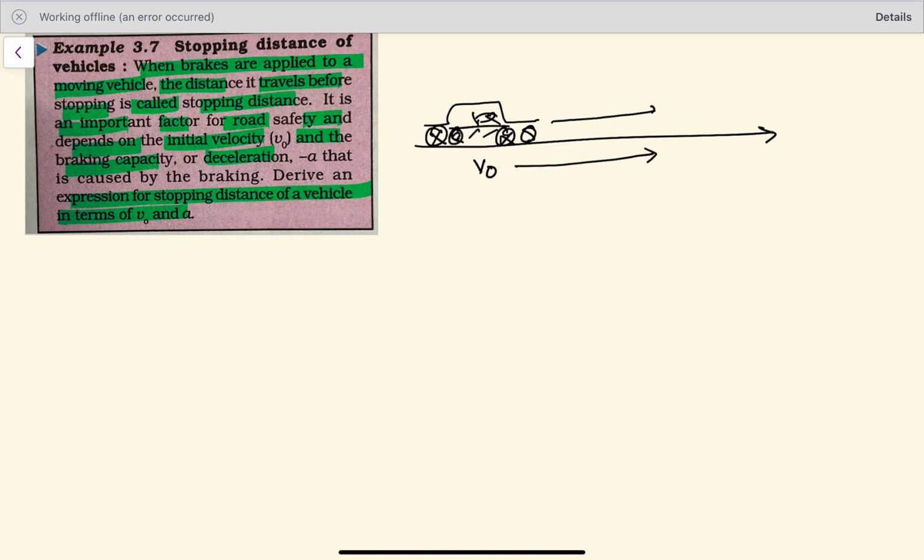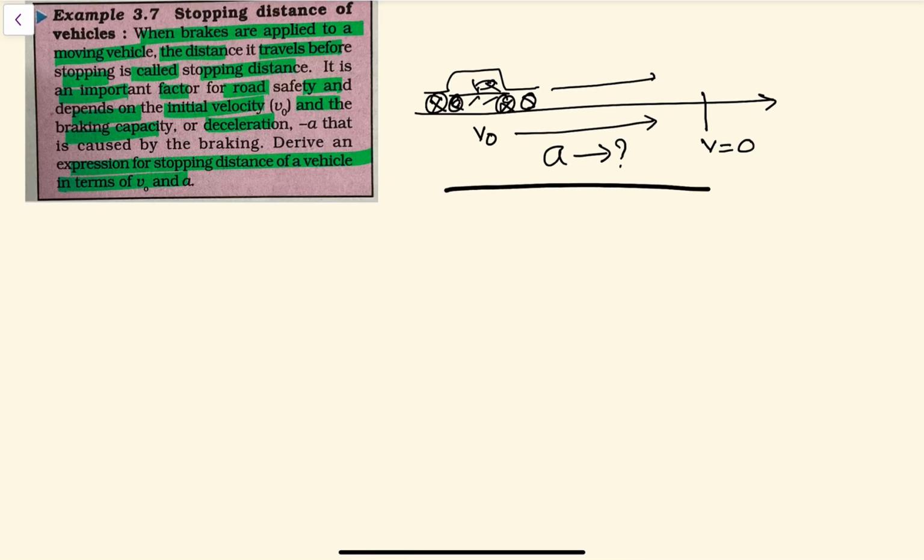The brakes are applied, the car is trying to move. When brakes are applied, the final velocity becomes 0. What is a here? What is the distance traveled?